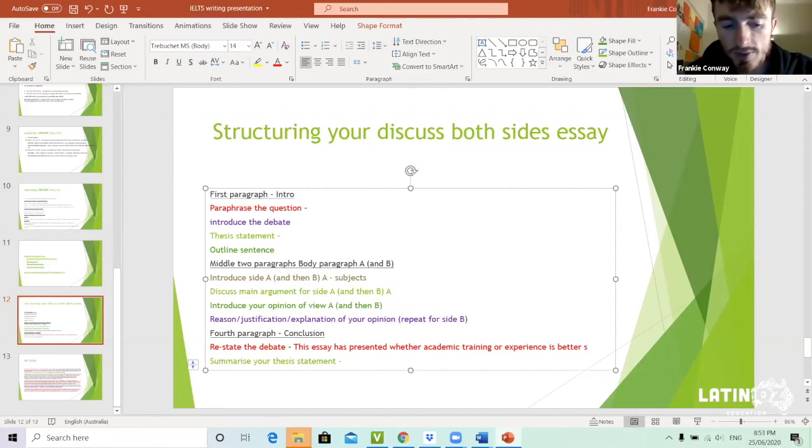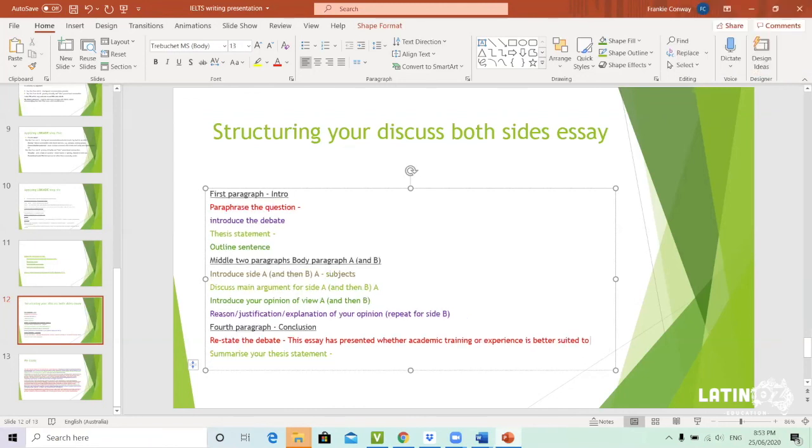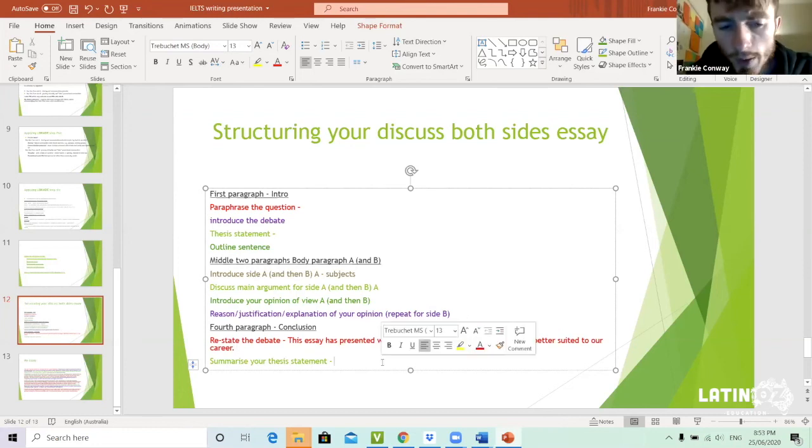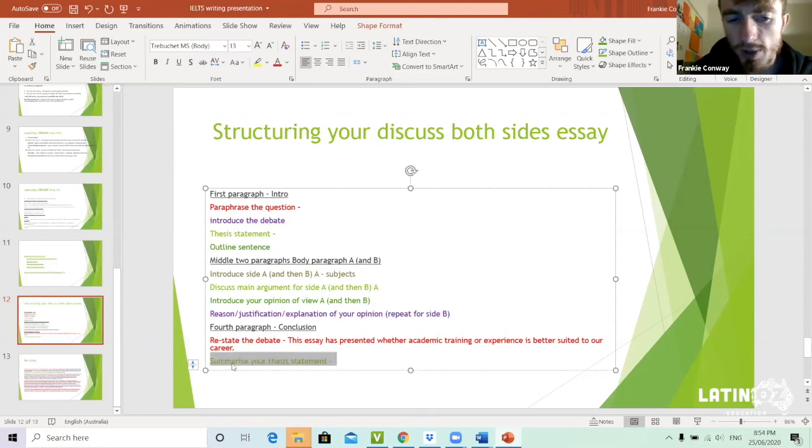Yeah, that sounds absolutely fine. Could you just read that last sentence again, Natalia? I wrote, even though experience is extremely important while developing a role, the academic training is essential to start this process. Perfect. Yeah, and that would be the case in your introduction, and you'd need to restate it in your conclusion, but just using different wording, different vocabulary.